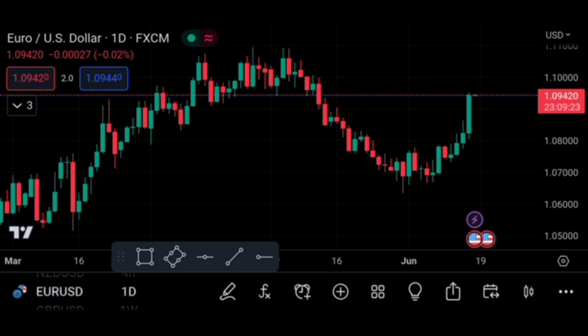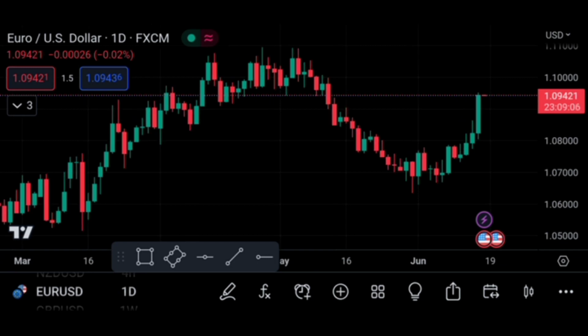If you look at the chart now, I am on the EUR/USD chart on the daily time frame. It's very important to start your analysis on a higher time frame. The importance of starting your analysis on a higher time frame cannot be overemphasized.